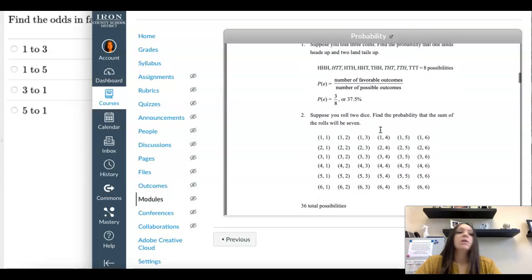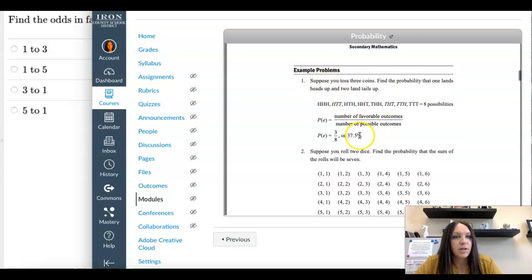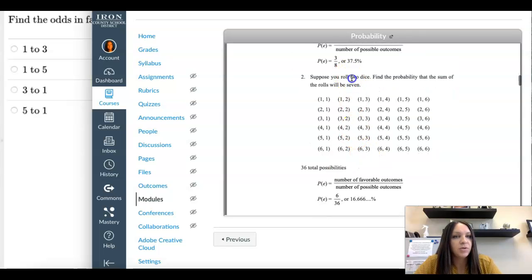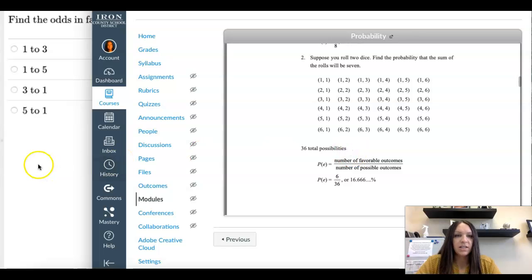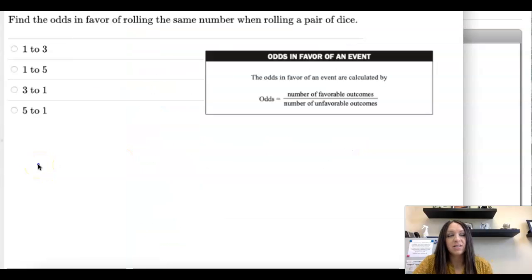Okay, so when you roll a pair of dice, 2 dice, you have all of these outcomes. Here they're all listed out. There's 6 by 6, so there's 36 possible outcomes. And this is something you should probably write down. When you're rolling a pair of dice, you have 36 possible outcomes.